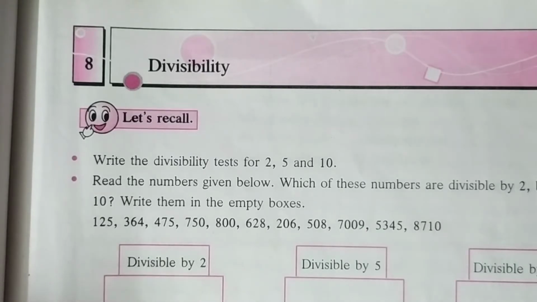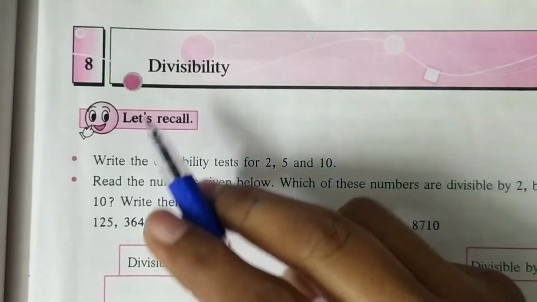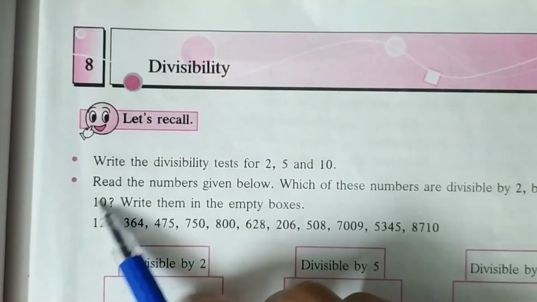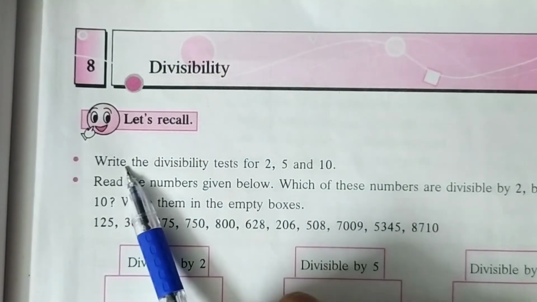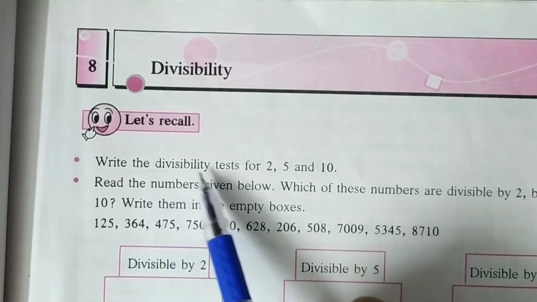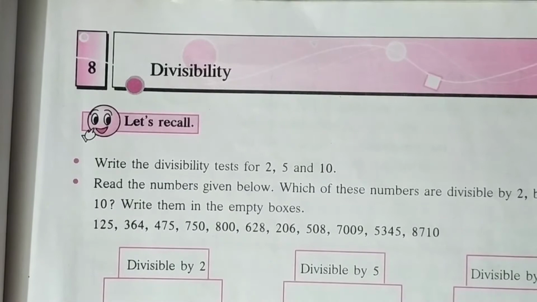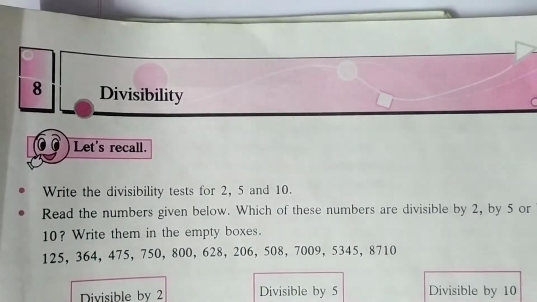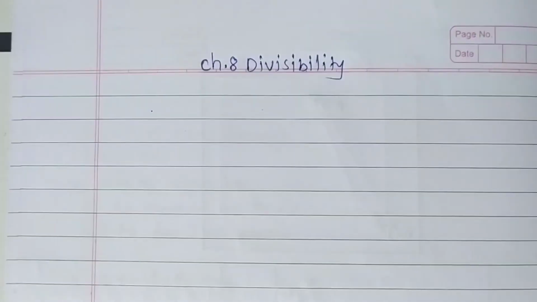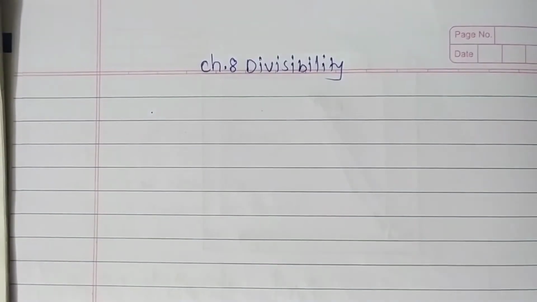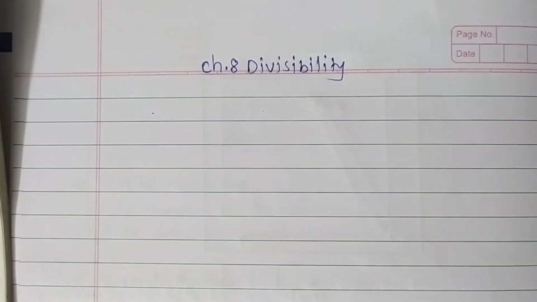So, look here. Let's recall. The first question is asked here. Write the divisibility test for 2, 5 and 10. You have to recite the divisibility test because it's very useful to you while solving questions in maths.